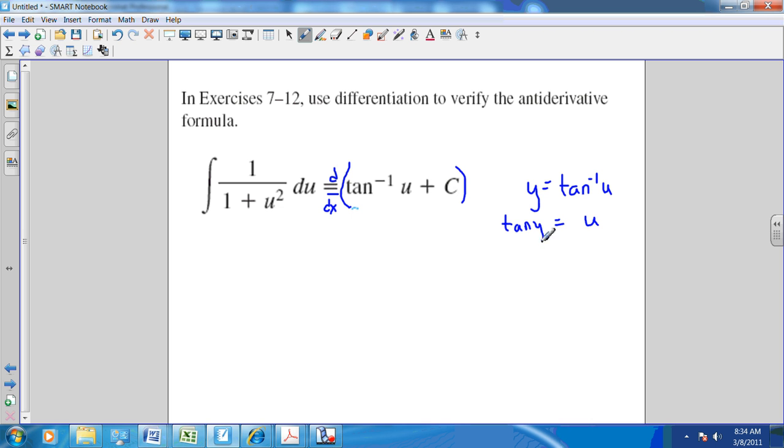Then I take a derivative of both sides. Well, the derivative of tangent y would be secant squared y, and the derivative of u would be u prime. But what is y? Or what is the secant squared of y, in other words?